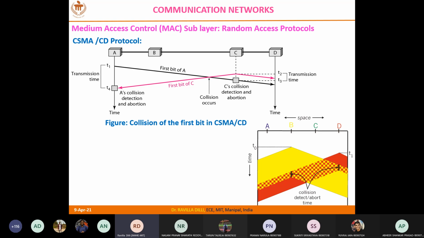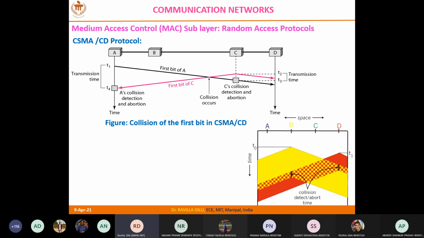For example, if node A completed its frame transmission before T4, and frame C bits arrive at T4, A cannot realize the collision because there is no overlap. But the fact is that A and C frame bits have already collided in the network.